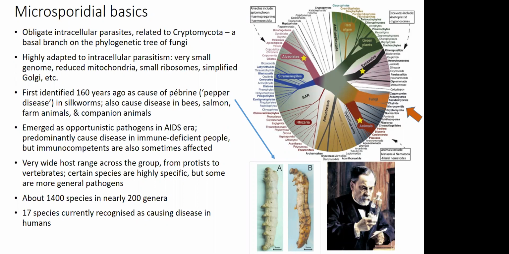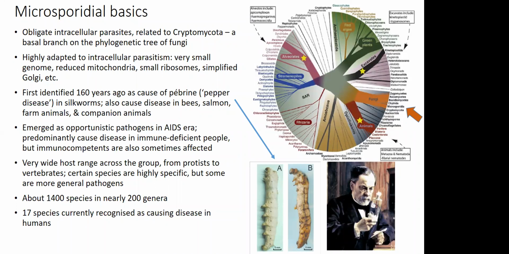And some species are very highly specific in their host. For example, there's one species which will only parasitize one type of soil nematode. And there are many, many thousands of different kinds of soil nematodes, but some are more general pathogens. And generally, those are the ones that we find interesting from a medical point of view.